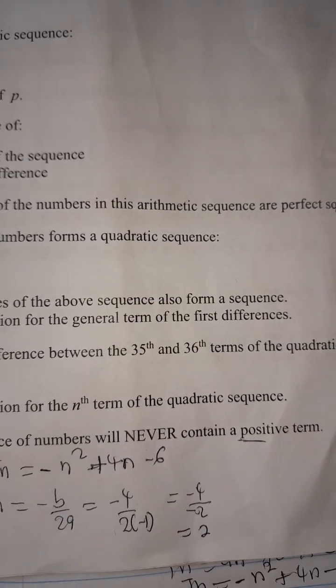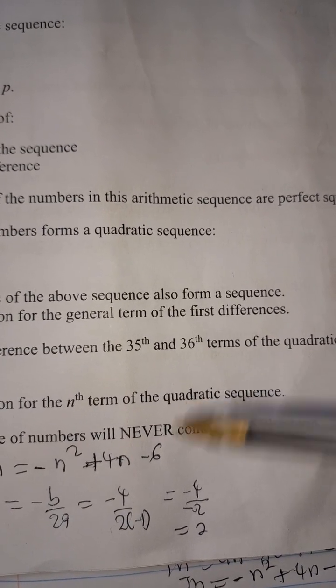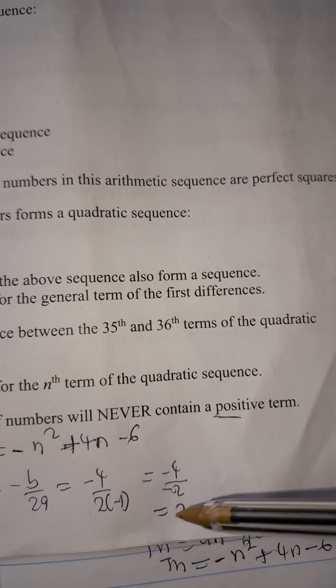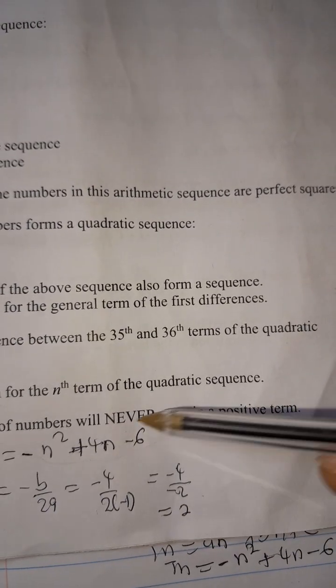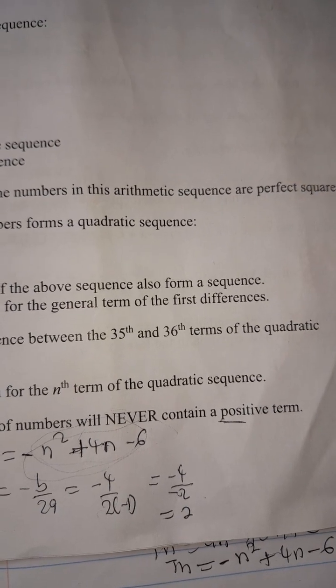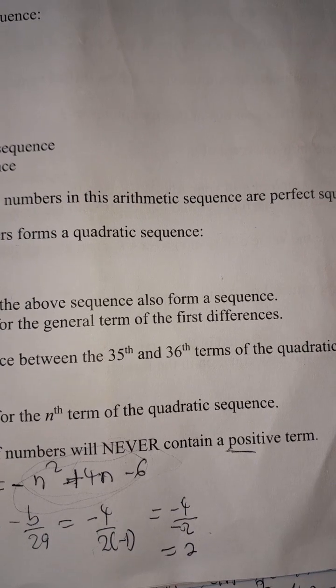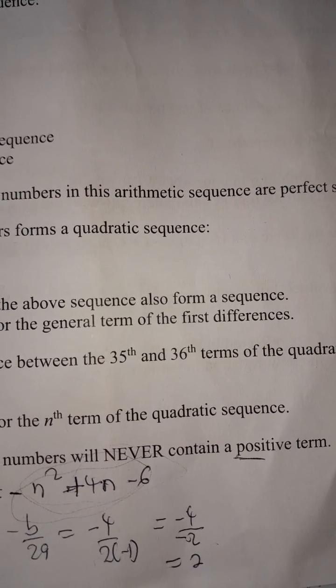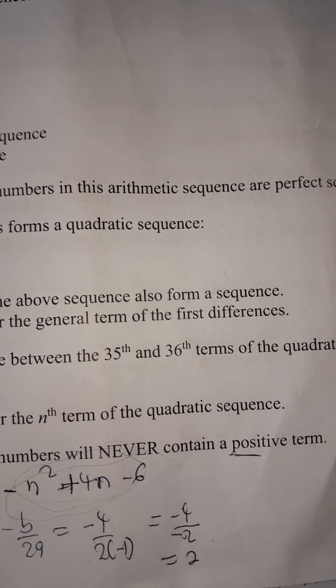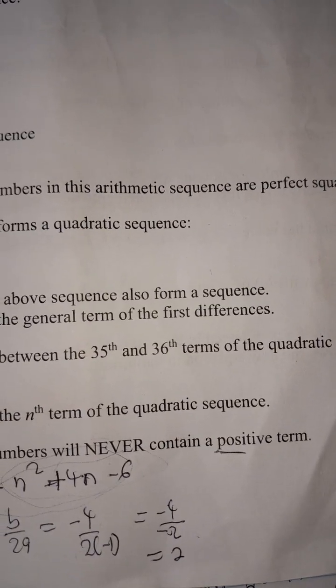But what will determine whether this contains a positive term? It's the y value of the turning point. So you are going to take this x value and substitute it into this formula. If it's positive, then it will contain a positive term. If it's negative, then it will never contain a positive term. So what are we going to do? Let's substitute. Where there is n, you put 2: negative 2 squared plus 4 times 2 minus 6.